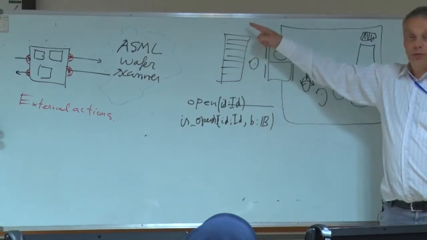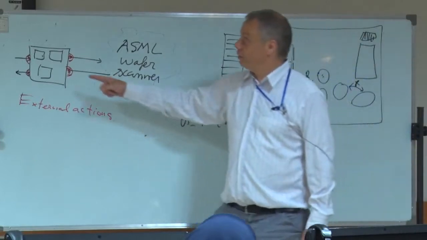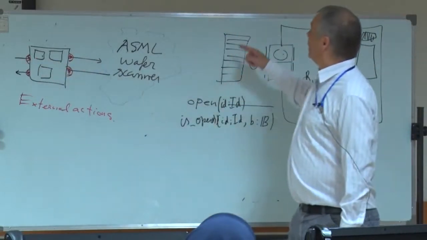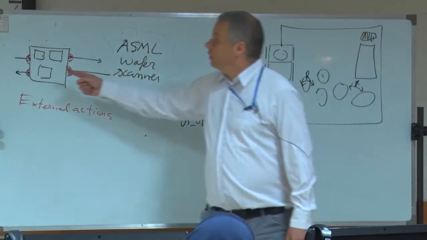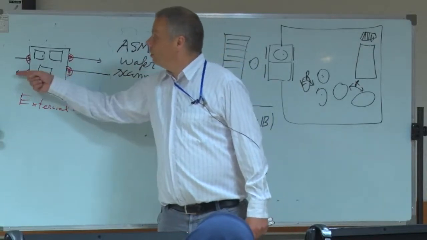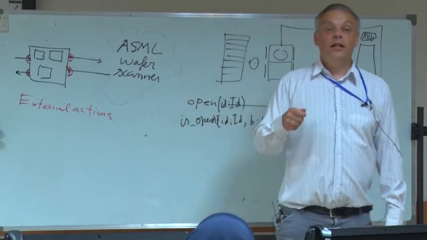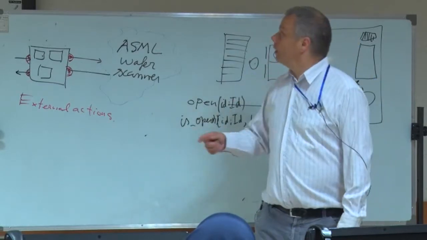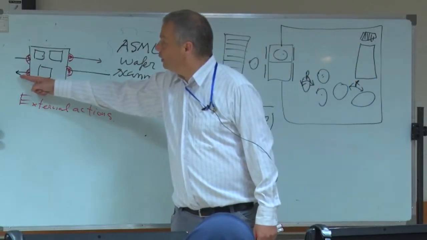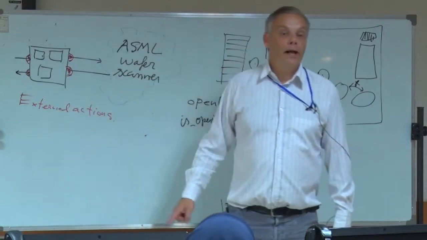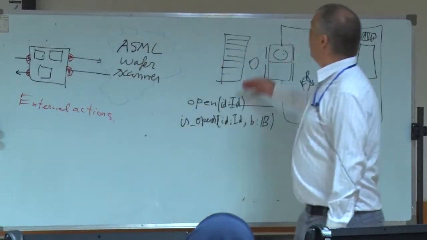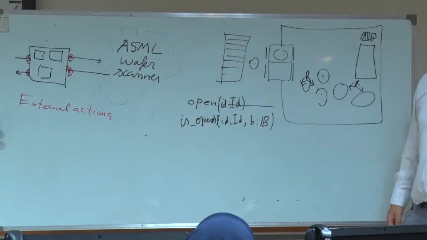Ultimately, after we get the start message for this tray of wafers, eventually the ready message will come. And if the ready message comes, all the wafers have been processed properly.